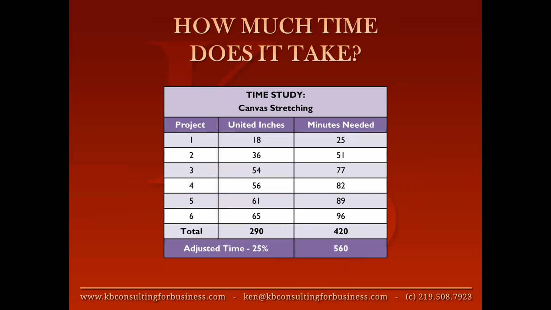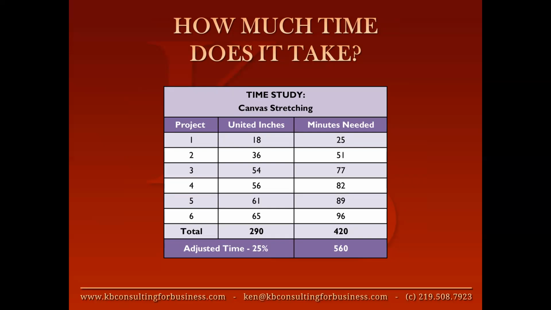United inches are calculated by adding the length of the canvas to the width. For example, if you had a 16 by 20 inch canvas to stretch, the united inches would be 16 plus 20 equaling 36. In order to get an accurate idea of the time it takes to do various sizes of canvas stretches, you need to record at least 6 of these types of projects.